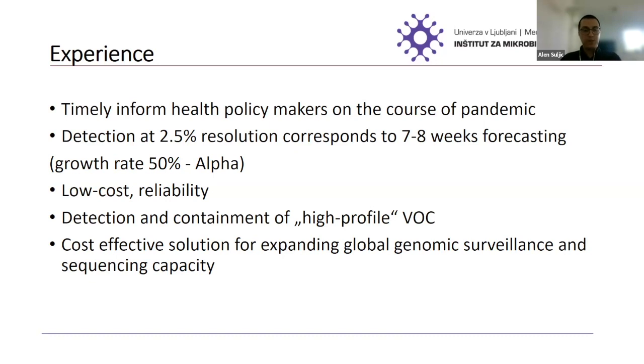The employment of spike screen actually allowed us to detect and contain a few high-profile variants, such as beta, eta, and gamma. Due to rapid detection and deployment of quarantines and complementary epidemiologic actions, epidemiologists were able to quell the initial infectious momentum of these high-profile variants.